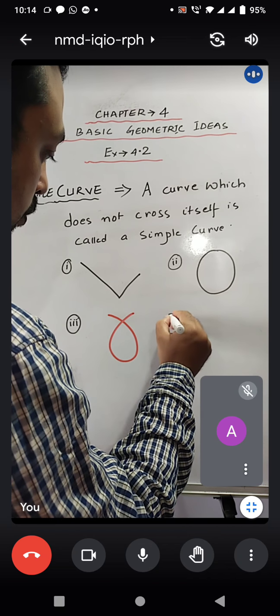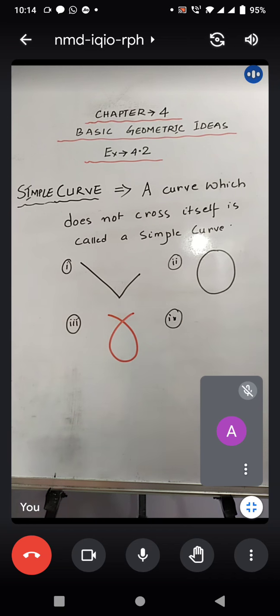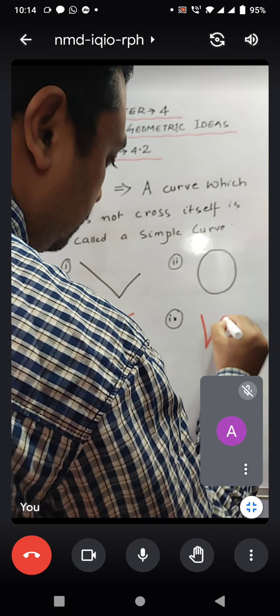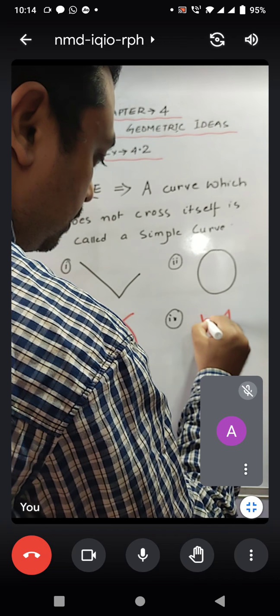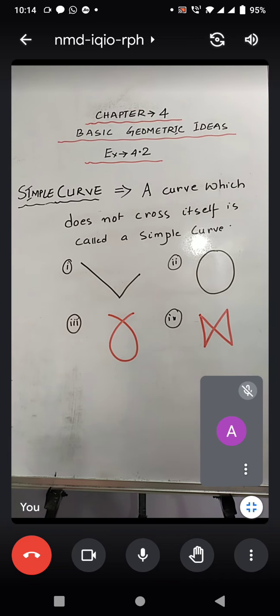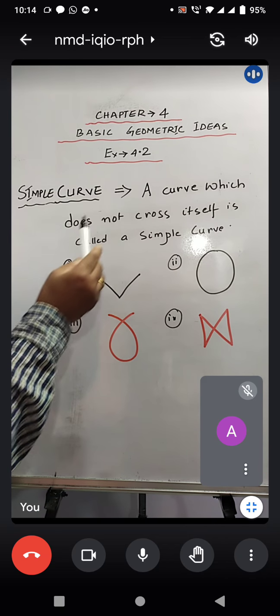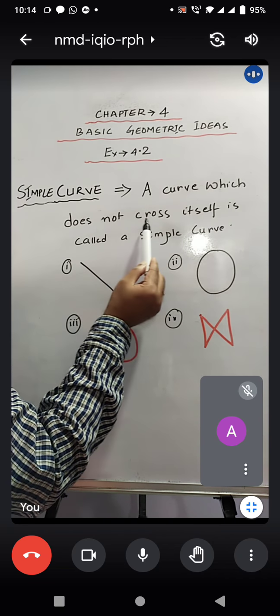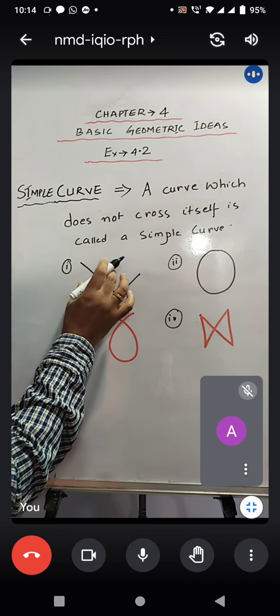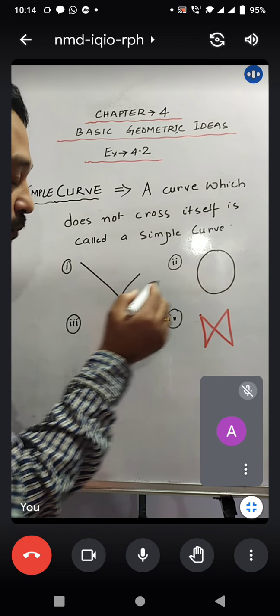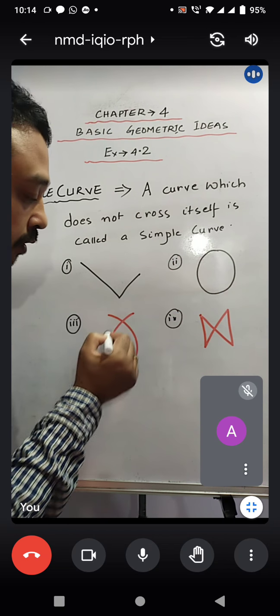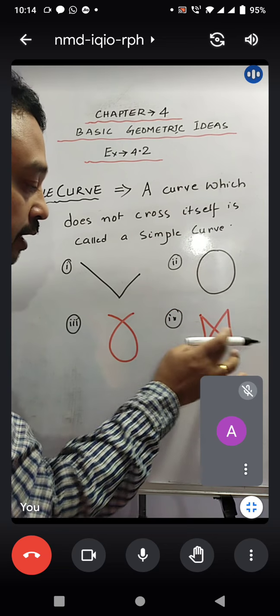And number 4, I will give you another figure, that is this. Now we'll read the definition again: a curve which does not cross itself. You see that these are all curves because I have not lifted my pen. Without lifting my pen, I have drawn all the figures. So all these figures are curves.